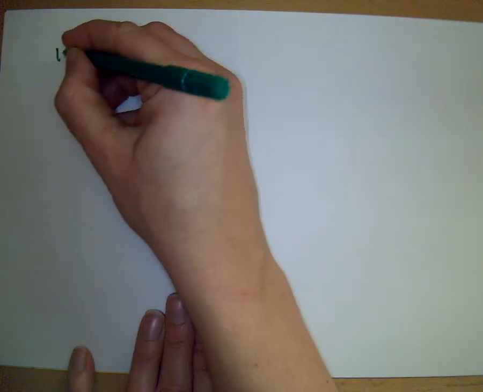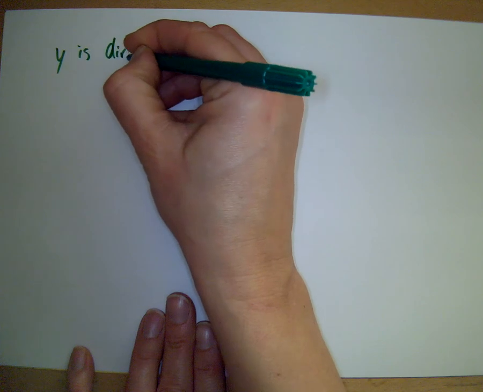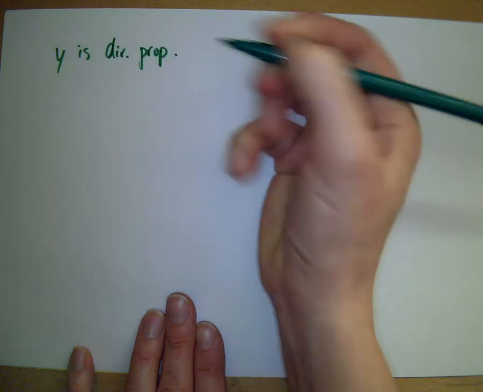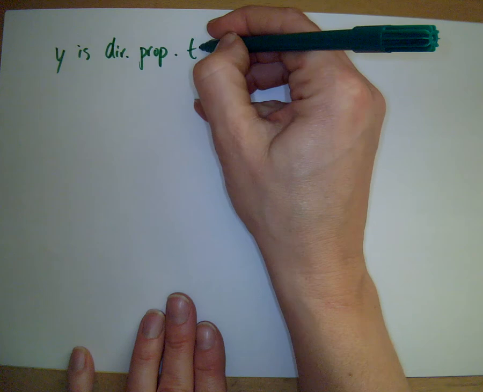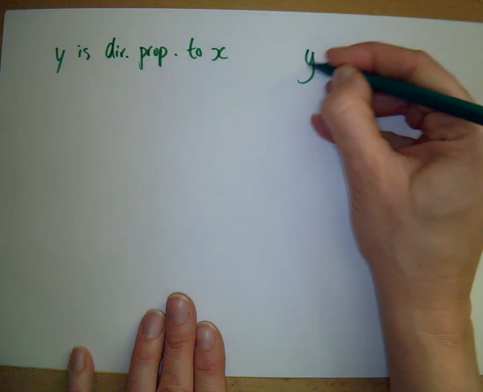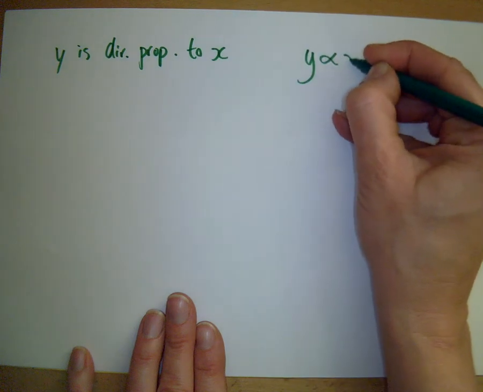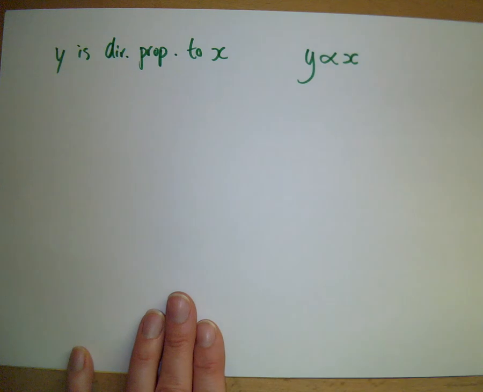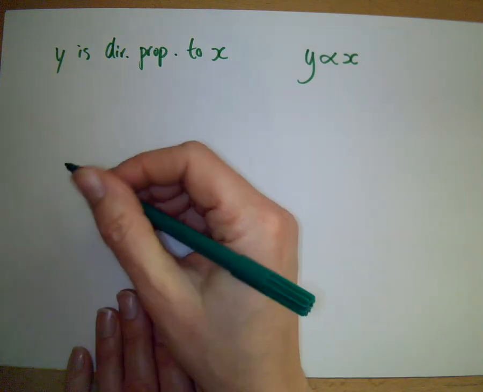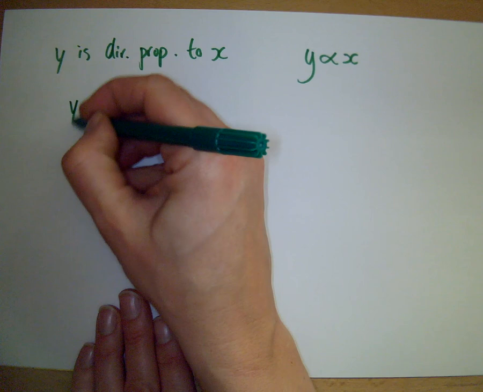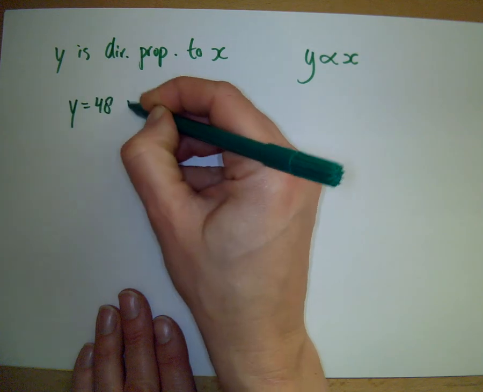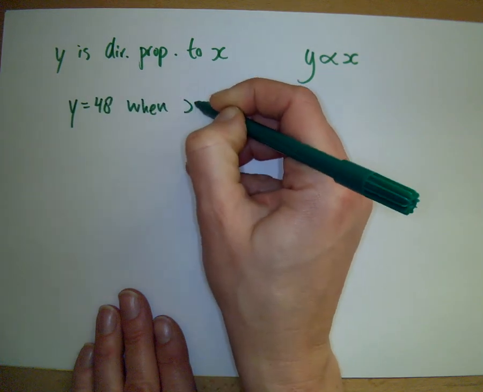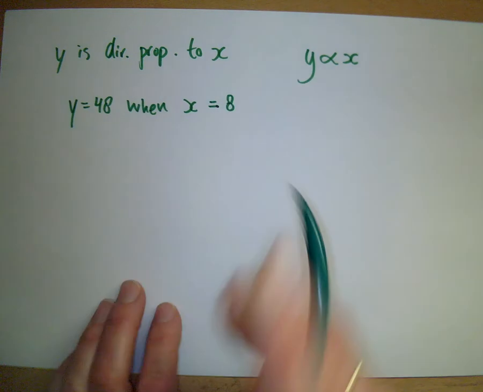What if someone told you y is directly proportional to x, and why don't we just write this? That's what that means. And y equals 48 when x equals 8.